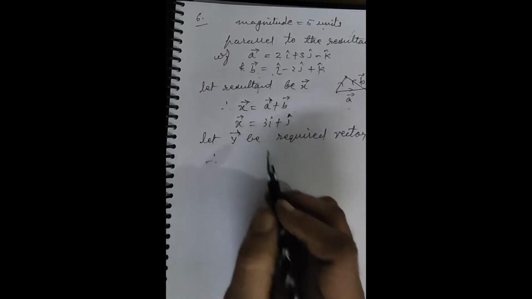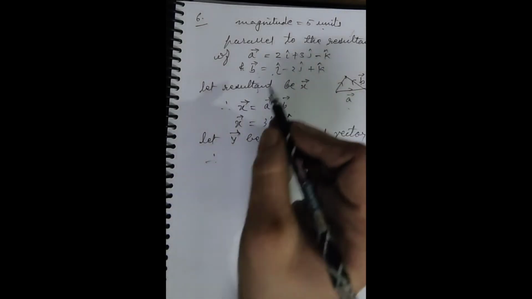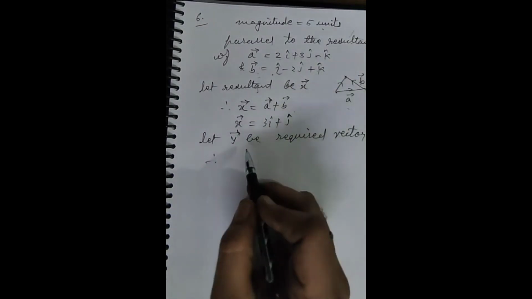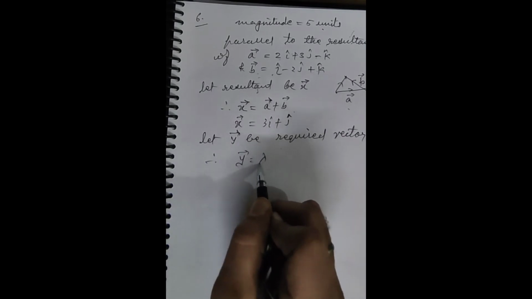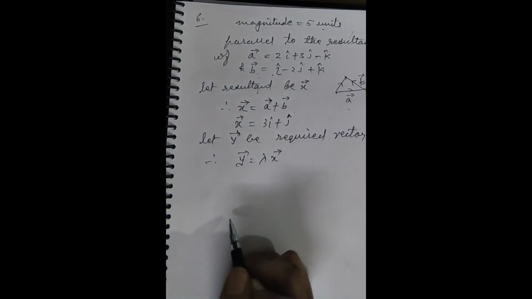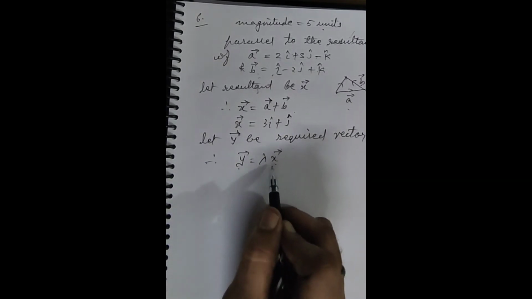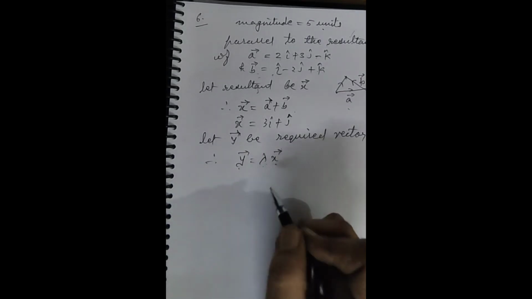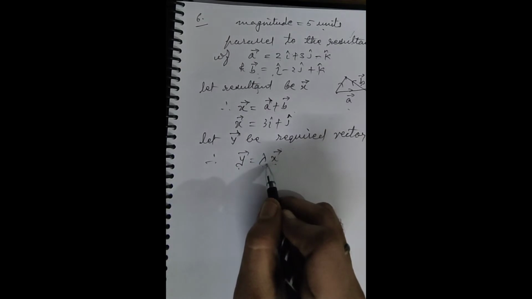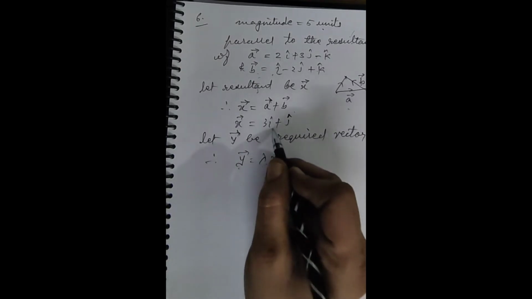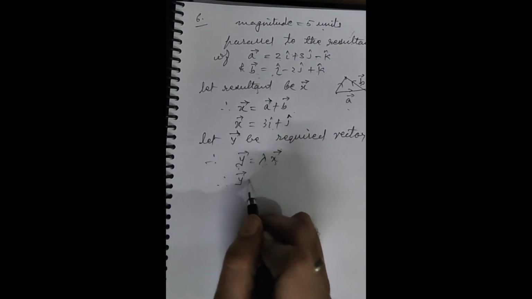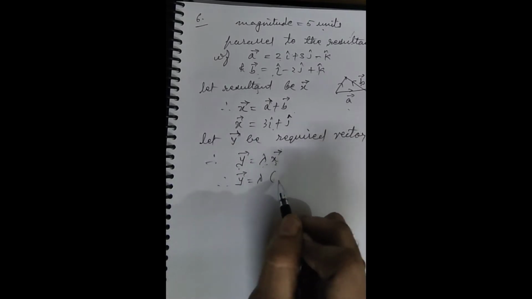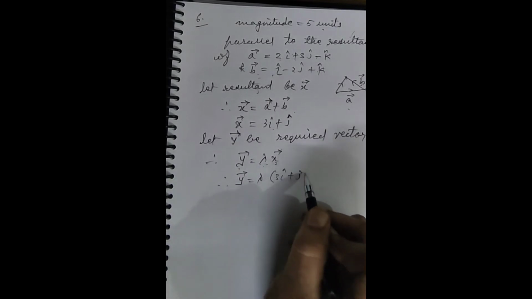Therefore, as y is given parallel to the resultant, we can say y is equal to lambda x, which we do generally. Two vectors are collinear or parallel, we relate them using lambda as a constant. So the only thing we have to obtain is the value of lambda. As x is already known, we can say y vector is equal to lambda times 3i plus j.